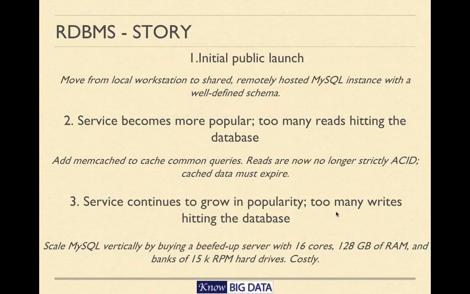So you can see that now reads are not strictly ACID, as in they do not have all the properties of ACID. And what does ACID mean? Atomicity, consistency, isolation, and durability.